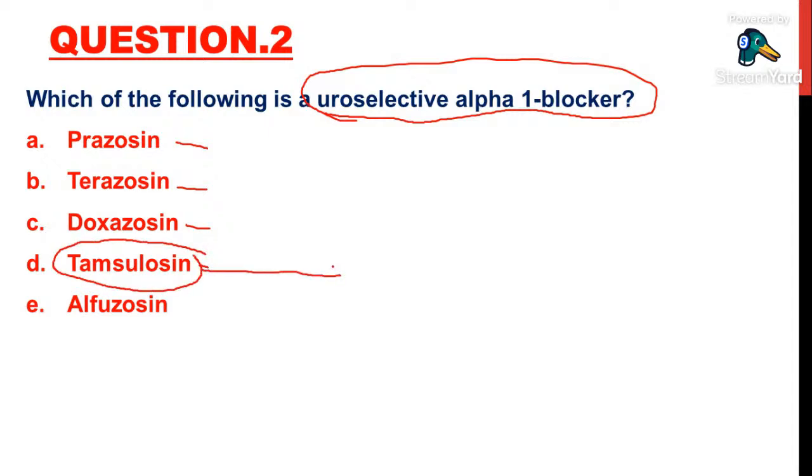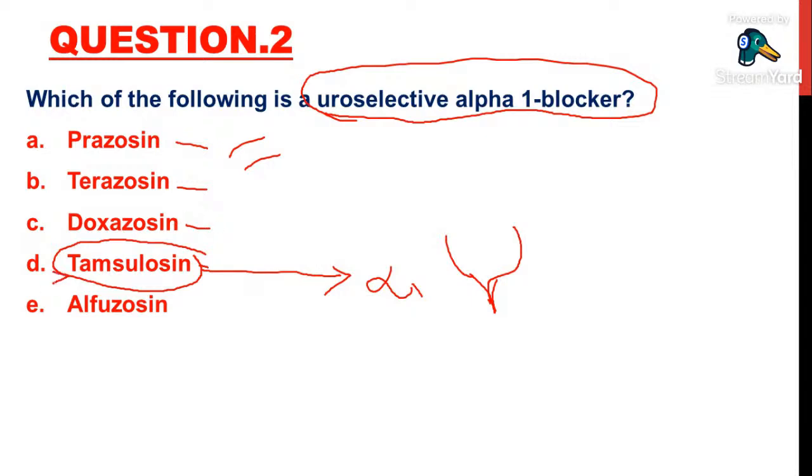tamsulosin particularly blocks the alpha 1 receptors present in the bladder, especially. Whereas prazosin blocks on blood vessels as well as in the GI tract. Terazosin acts on blood vessels as well as in the GI tract, and doxazosin is also the same.